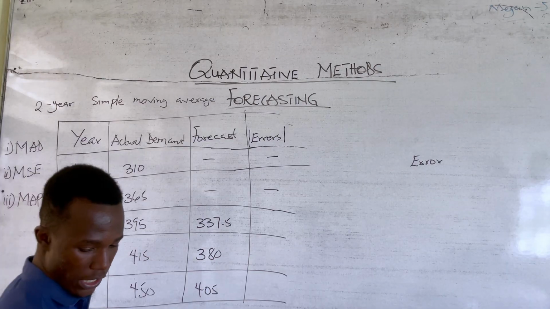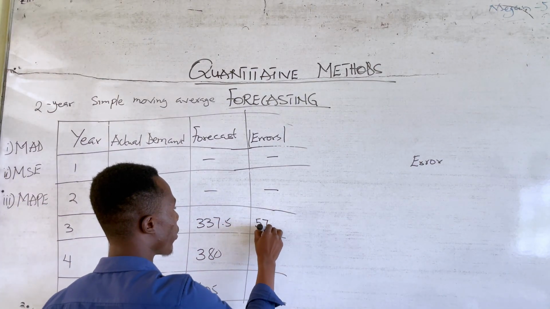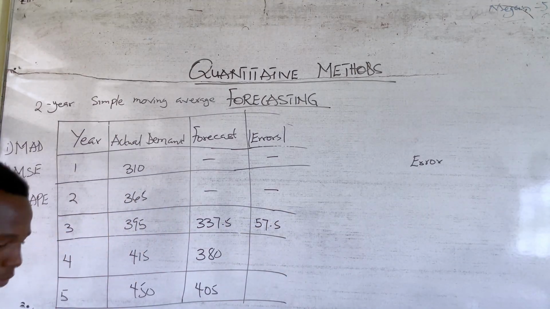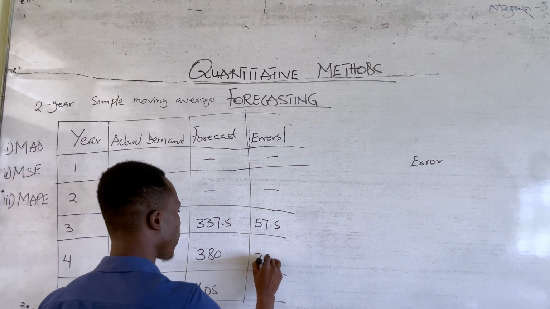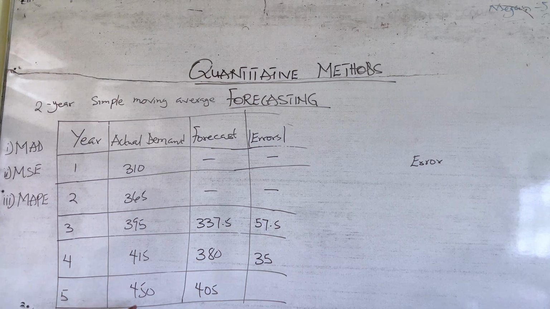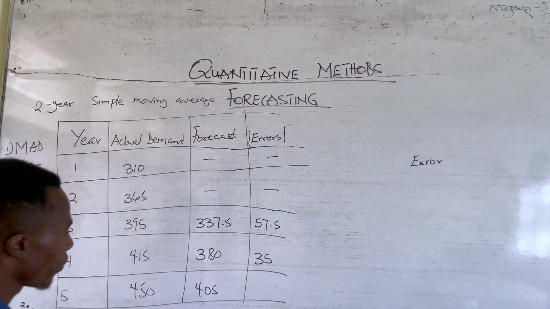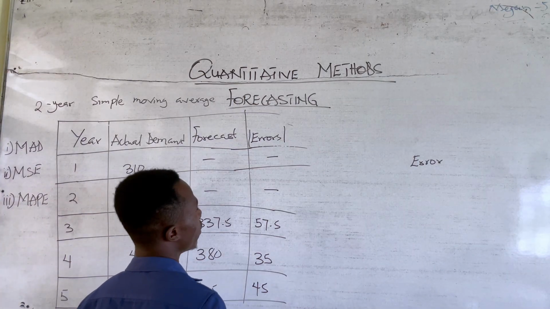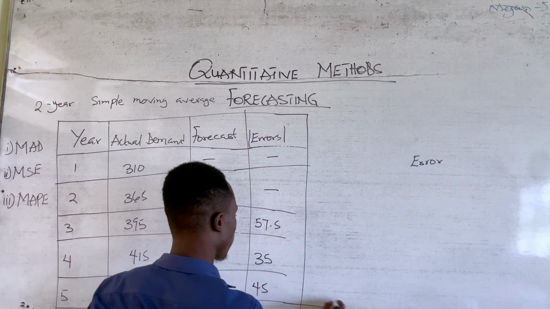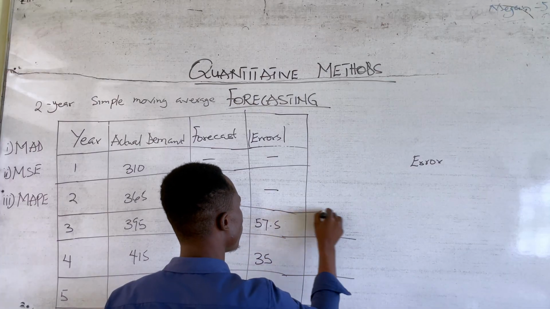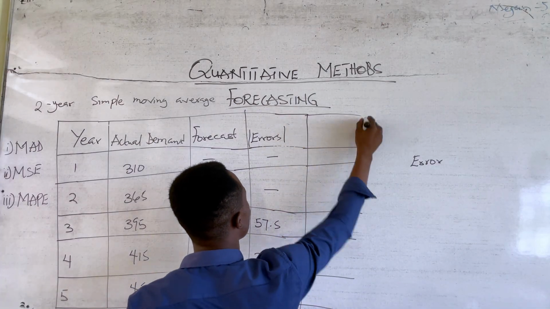Yes, so we have the error 57.5. Then we come to the fourth one, which is 415 minus 380, and we have 35 here. Then when we come here, we have 450 minus 405, which is 45, right? Okay, then we are done with the errors.